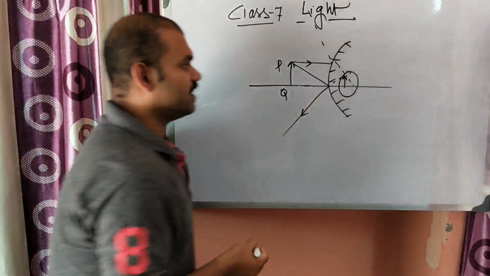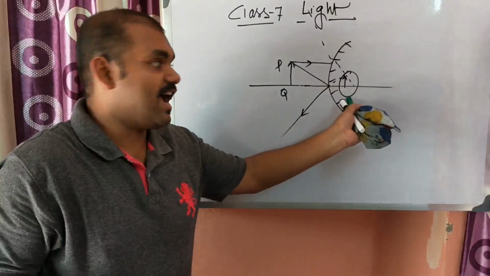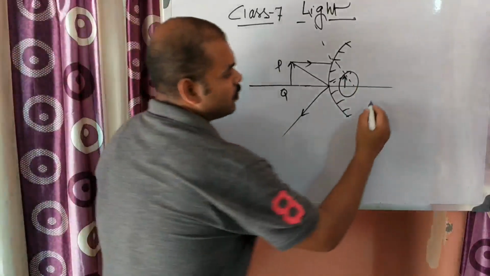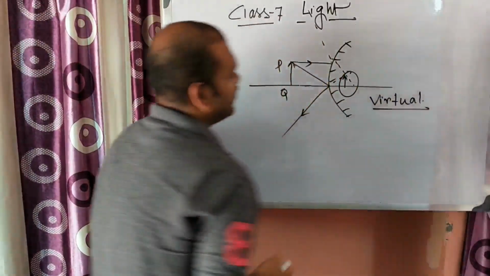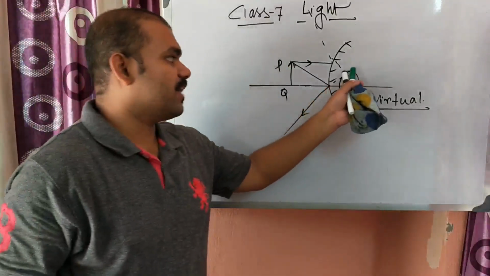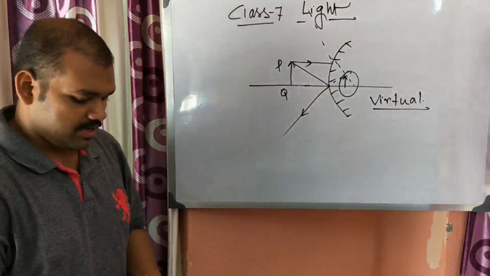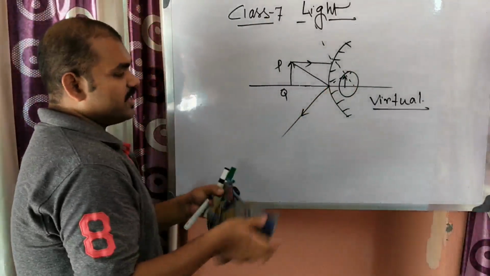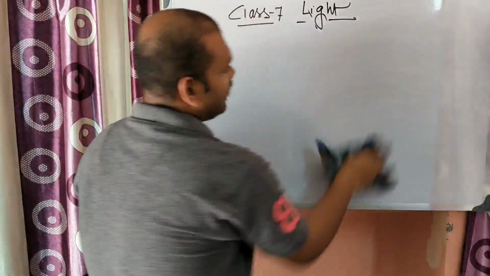It will be diminished, and will it be real or virtual? Virtual. Why is it virtual? Because the rays actually do not meet, but they appear to diverge from this point. Understand? This is how images are formed in a convex mirror.